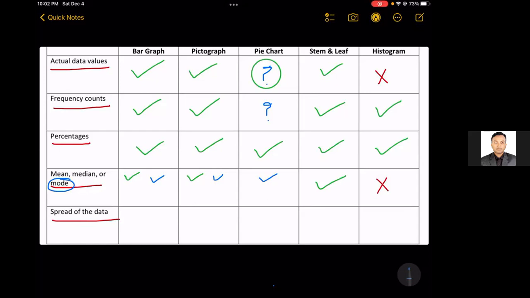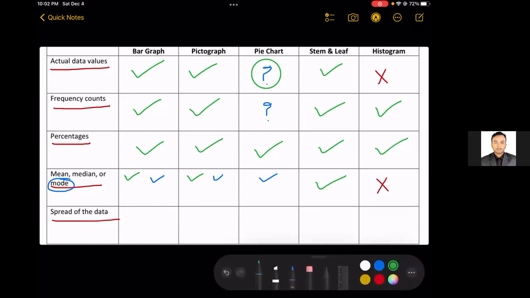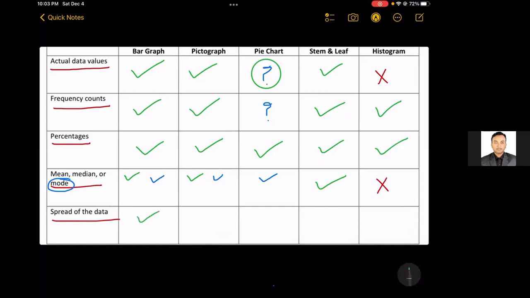Okay, last, spread of the data. For a bar graph, obviously, since it works really well with categories and discrete data, you can see how spread out the data set is. Same goes for the pictographs.